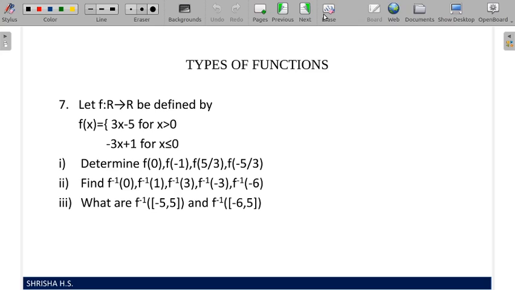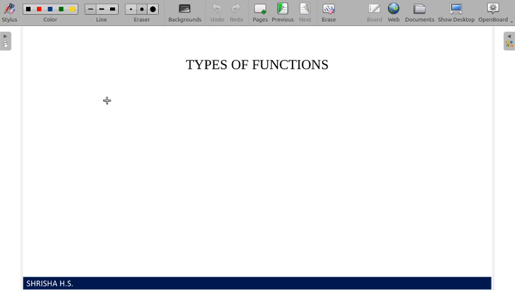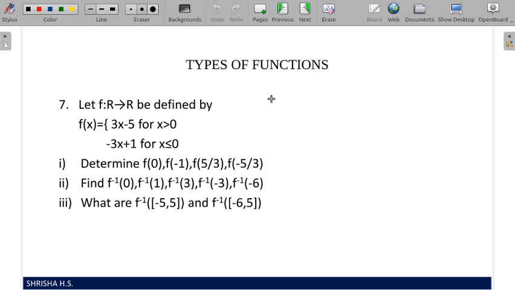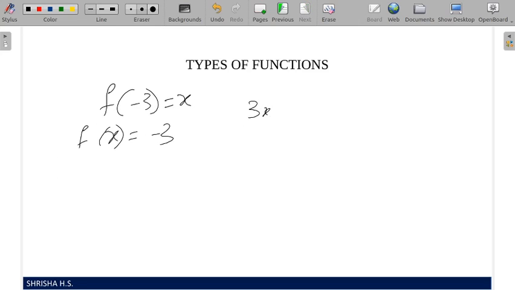Next, f inverse of minus 3 we have. So f inverse of minus 3 equal to x, where f of x equal to minus 3. So 3x minus 5 equal to minus 3, so x equal to 2 by 3.